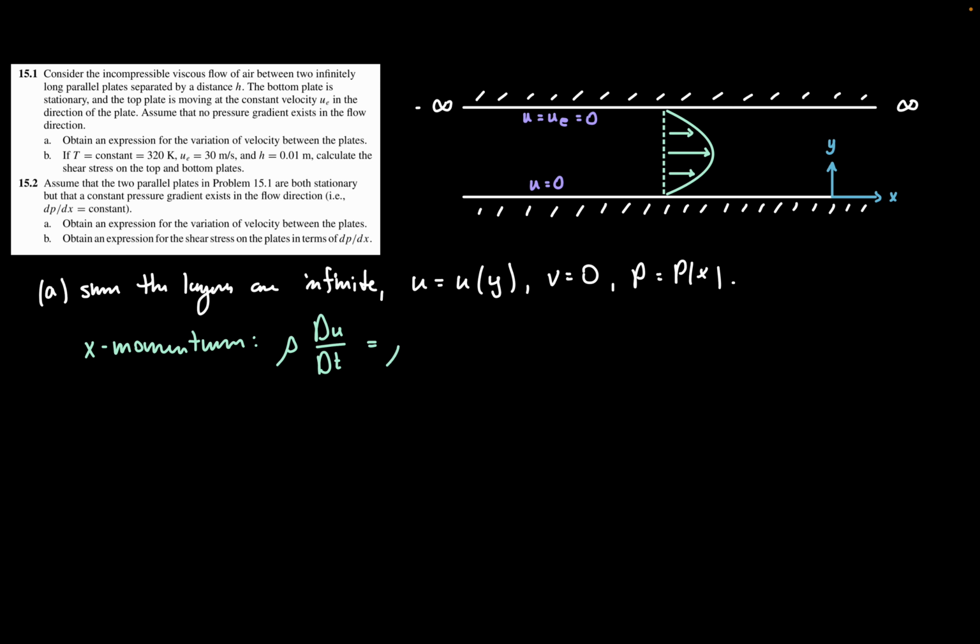And that was equal to rho times u times del u del x plus rho times v del u del y. And that was equal to the negative pressure at the edge divided by dx, and then we'll have del over del y times mu, again, times del u over del y.